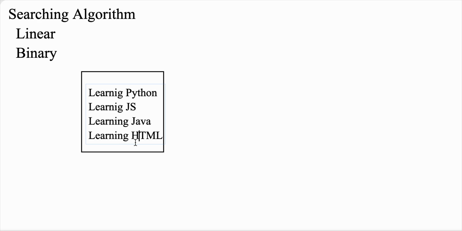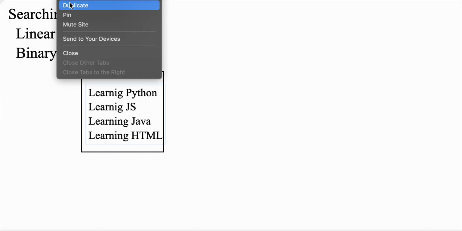For that, we have to use a searching algorithm here. There are two types of algorithm: one is linear, and another one is binary.